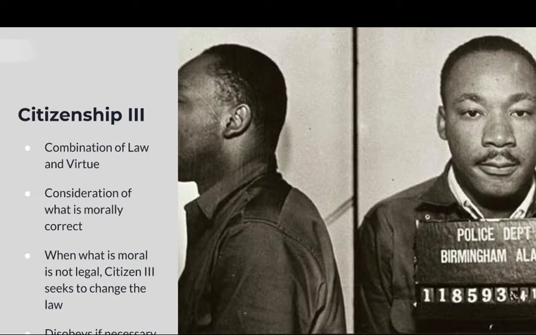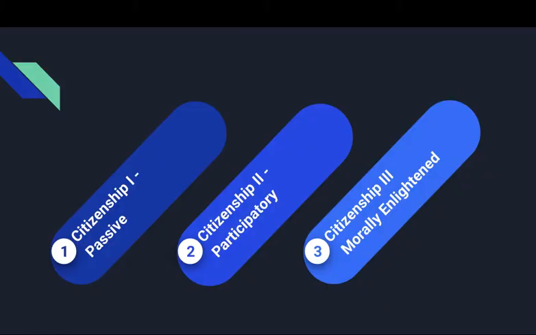So respond to the poll below. Again, we have citizenship 1, which is passive, citizenship 2, participatory, and citizenship 3, you're morally enlightened. All right, you can kind of see the progression there, 1, 2, and 3, of the different types of citizens according to David Ricci.